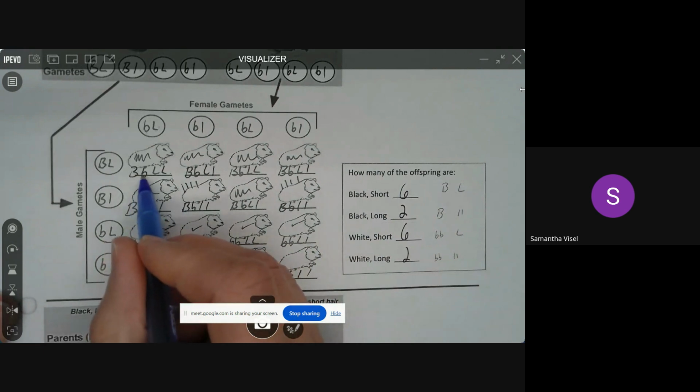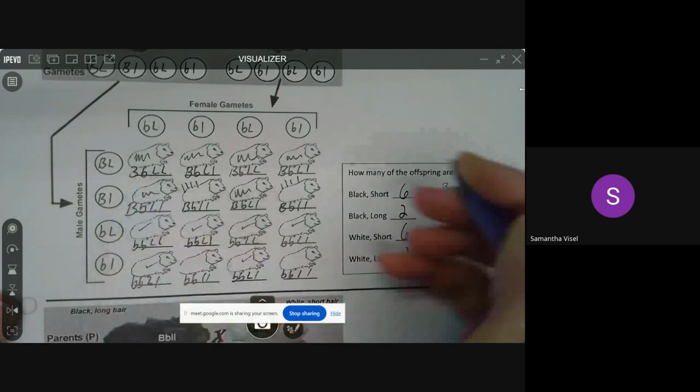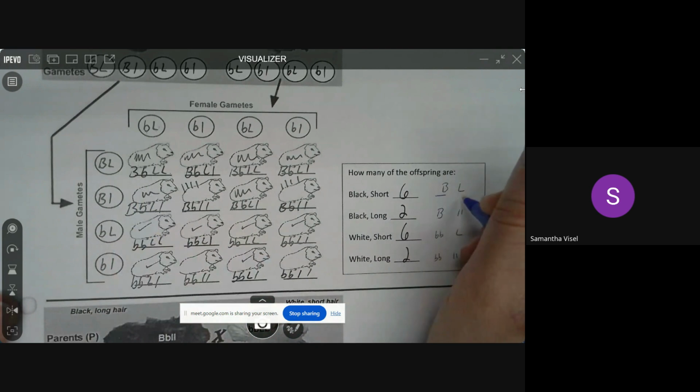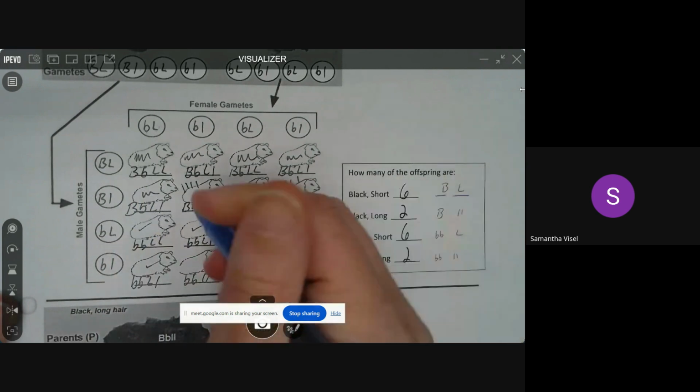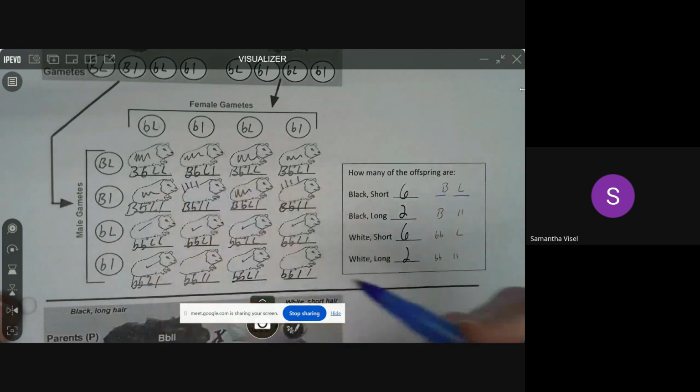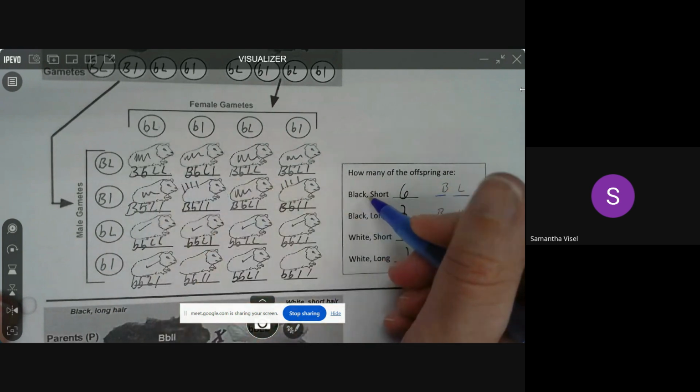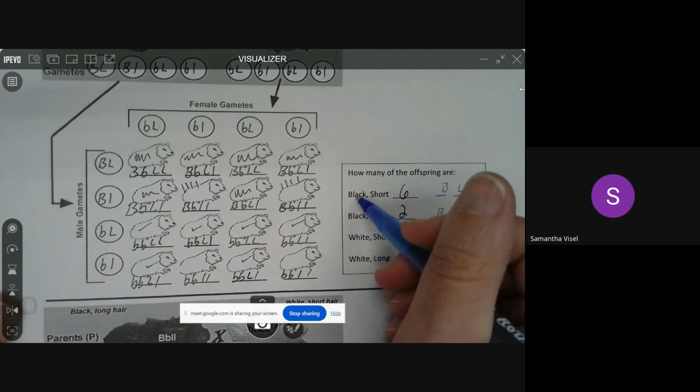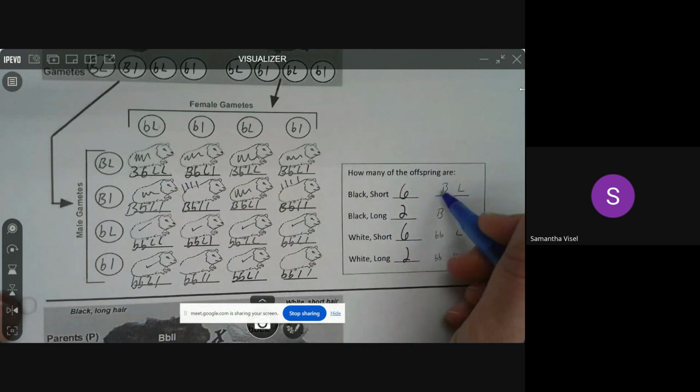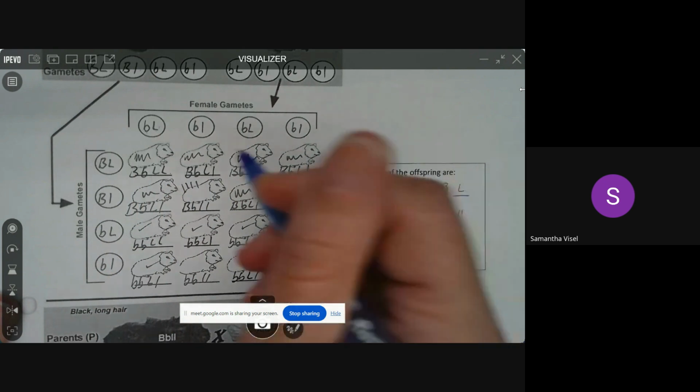If I see an uppercase B, and if I see an uppercase L, doesn't matter if it's two or just one, the principle of dominance says that it's going to show the dominant trait. So a guinea pig that's black and short just needs one uppercase B and one uppercase L.